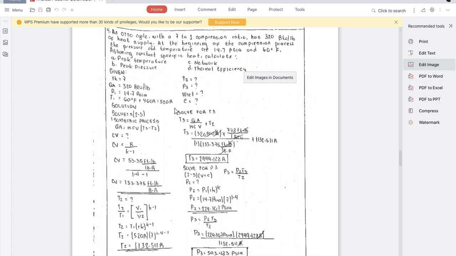So 320 BTU per pound multiplied by 778 foot-pounds over 1 BTU, over 133.375 foot-pounds per pound R, plus 1132.511 R. The answer that we get for T3 is 2999.128 R.